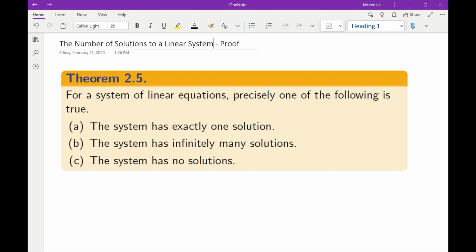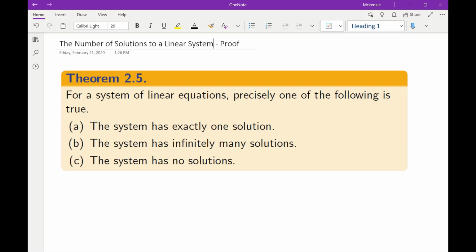Alright, welcome back. So here we have a statement, theorem 2.5, which we feel and we believe and we've seen is true. If we have a system of linear equations, we're either going to get one solution, infinitely many, or none. We know this is true for the 2x2 case, or the two-dimensional case, because you can just think about the ways that lines can intersect.